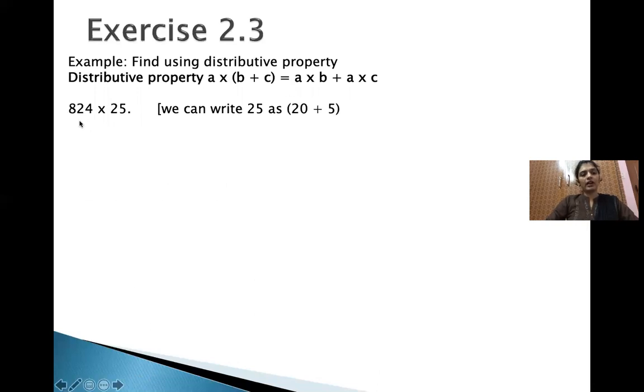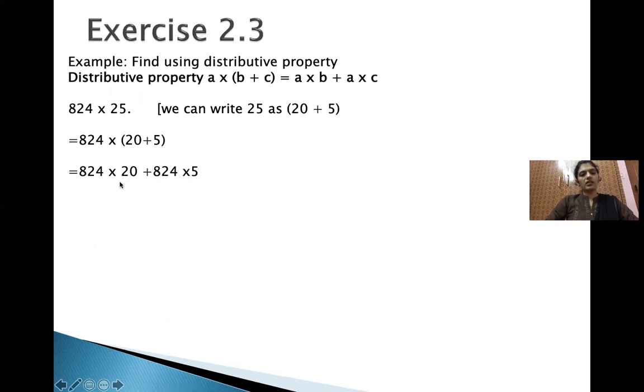Here we have 824 into 25. We can write this 25 as 20 plus 5. So we got 824 into 20 plus 5. If we multiply this 824 inside, we got 824 into 20 plus 824 into 5.